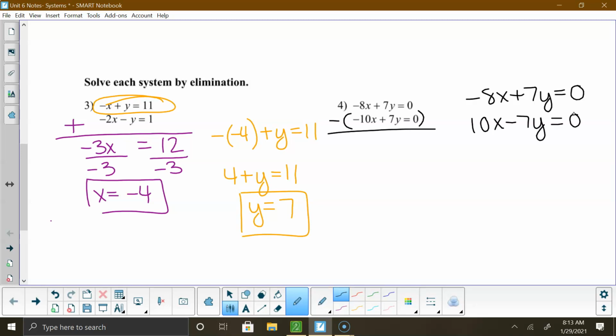You're going to get the same answer either way you do it, but you can subtract straight down. So I end up with 2x equals 0. What's x got to be?